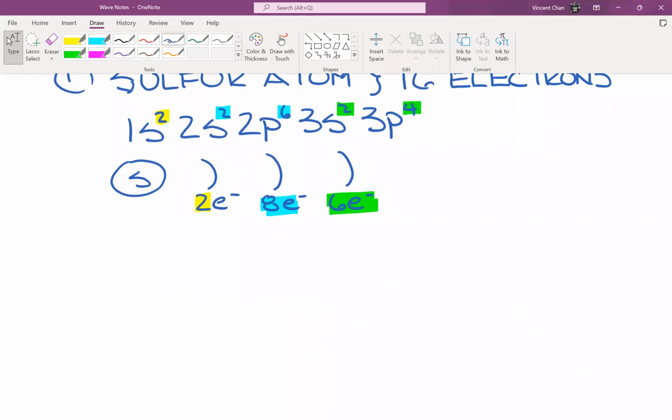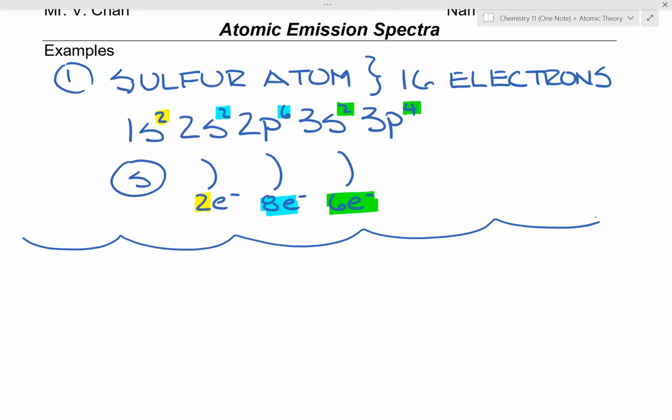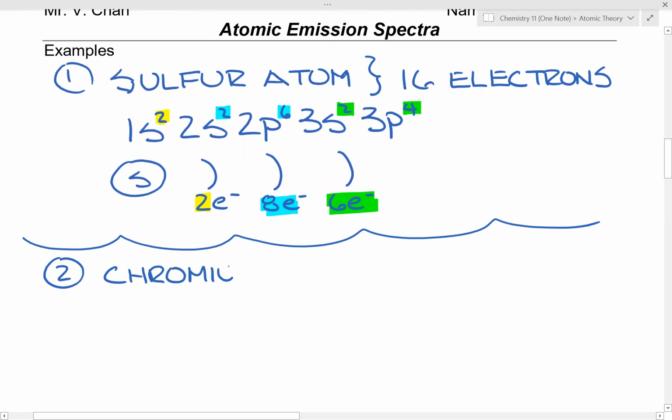Now, let me give you one that's a little bit more complex. Let's say, oh, I don't know, let's do chromium. Again, we're focused on the atom.